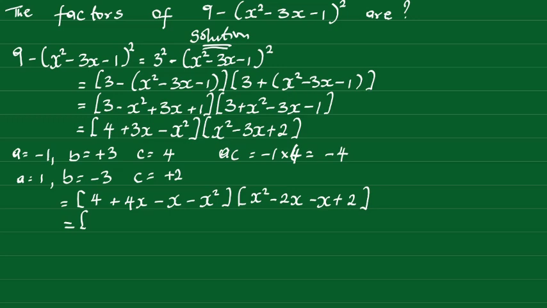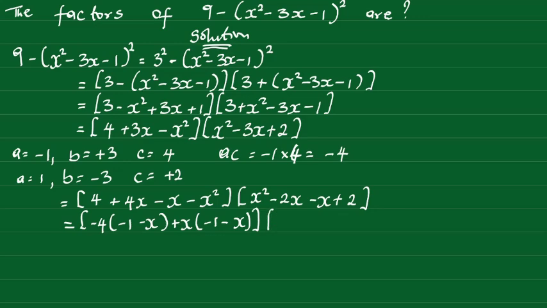Open our bracket. We factorize out minus 4 from 4 plus 4x. Factorize out minus 4, open a bracket. We end up having minus 1 minus x, bracket close. Then we factorize out plus x from minus x squared. Now open a bracket. We have minus 1 minus x, bracket close, bracket close.